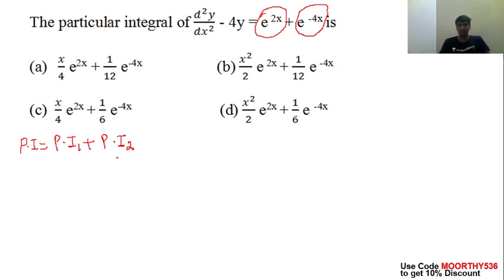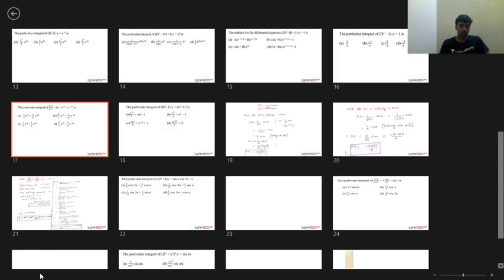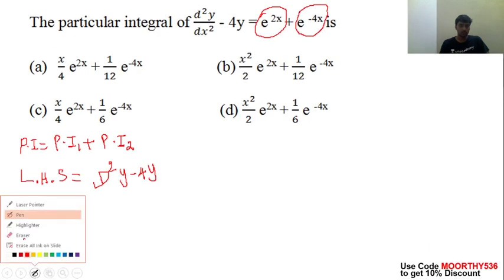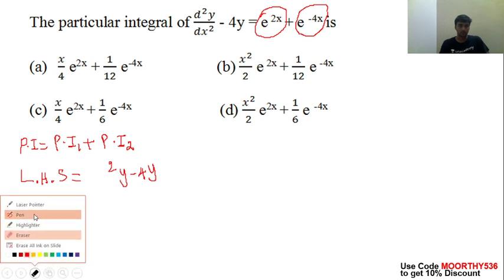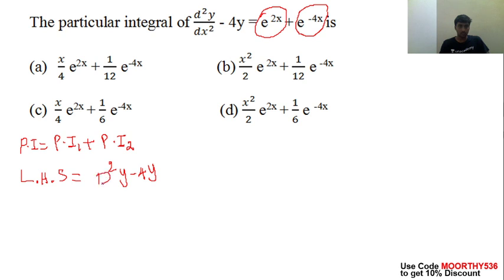The left hand side is D square y minus 4y, that is, (D square minus 4) into y.